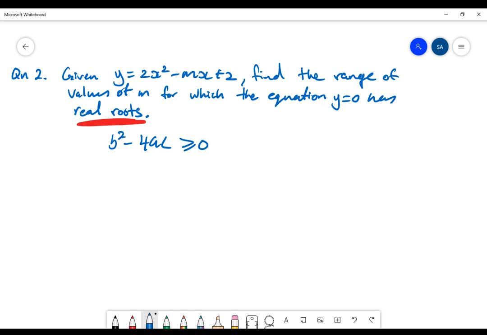Now, before you can talk about b squared minus 4ac, which is your discriminant, you need to rewrite your function. So your function is 2x squared minus mx plus 2 equated to 0, where you can get your a value as 2, b as minus m, and c as plus 2.